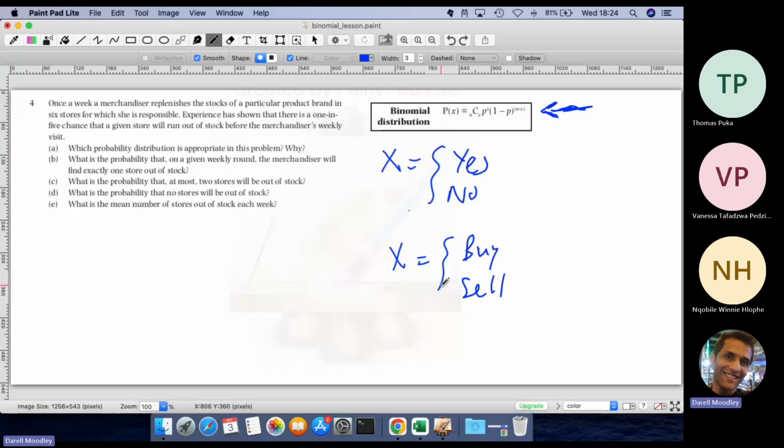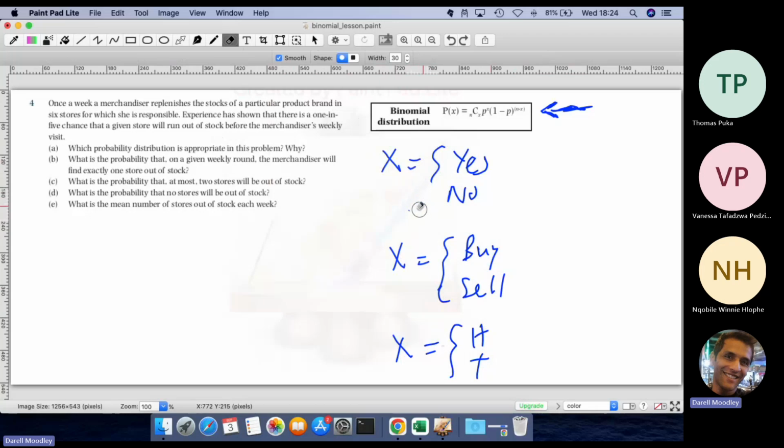They are complementary events, so one is the opposite of the other. Think of another one: X is a head or a tail in a coin. There's no third option. There are only two possible outcomes, and these outcomes are complements of each other, the opposite of each other. So that's the one property.